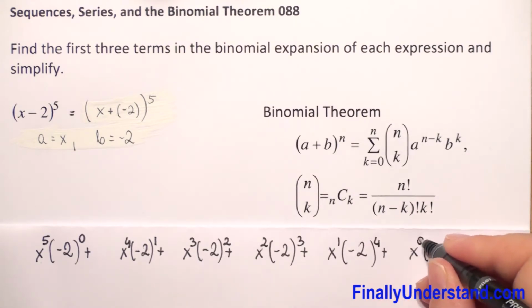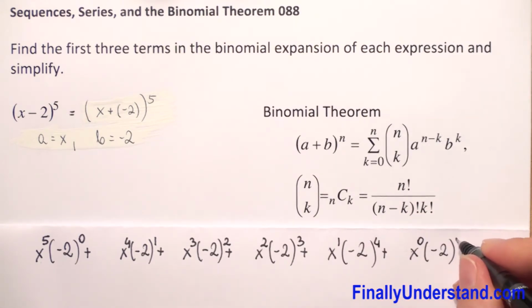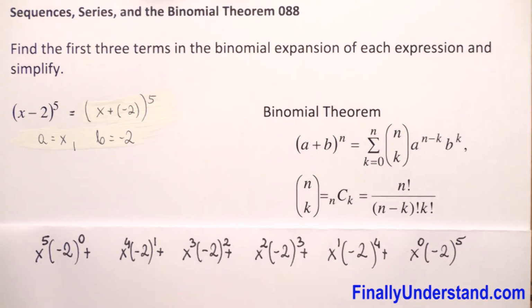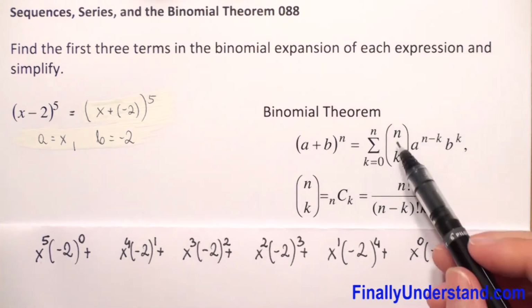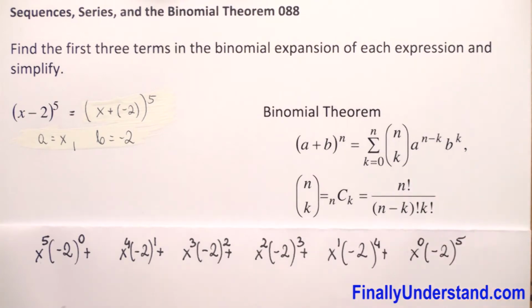Now x will be to the 0 power and negative 2 to the 5th power. And now we only have to find the coefficient for these 6 terms.